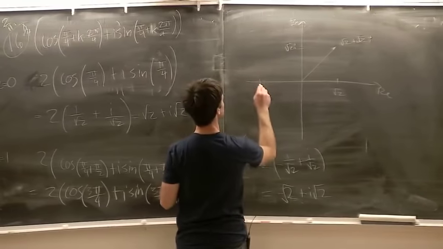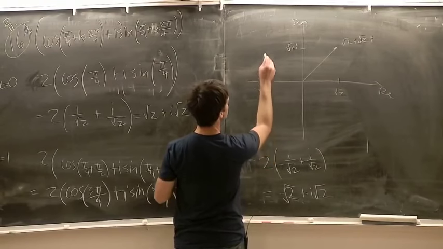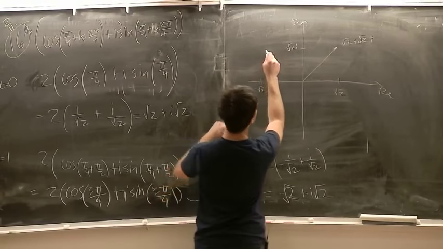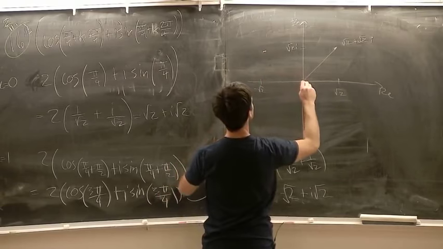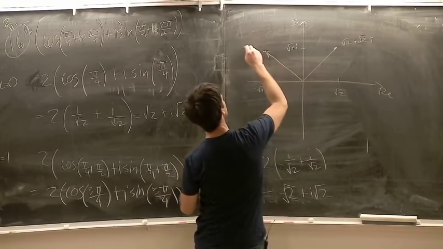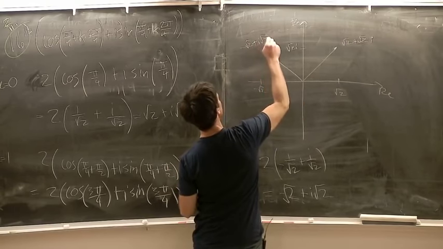That's going to put us right here. So there's negative root 2 plus I root 2.